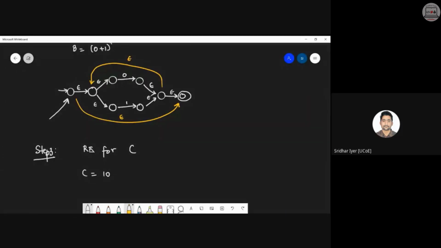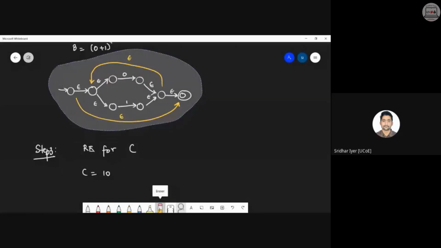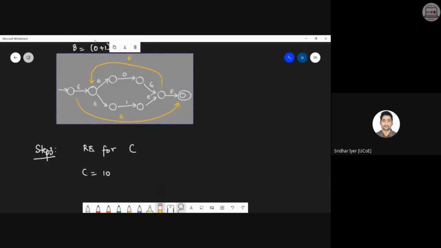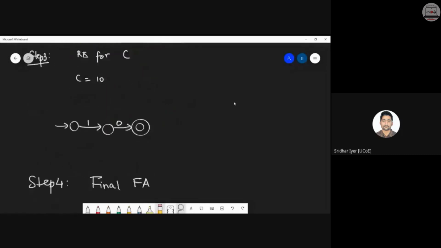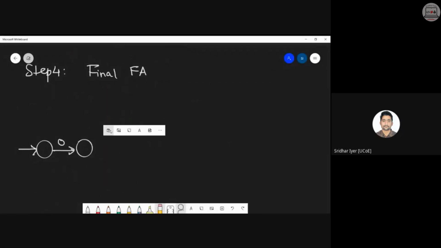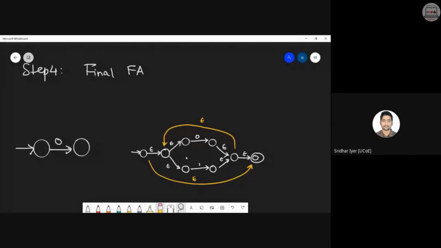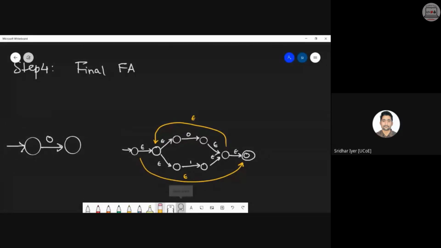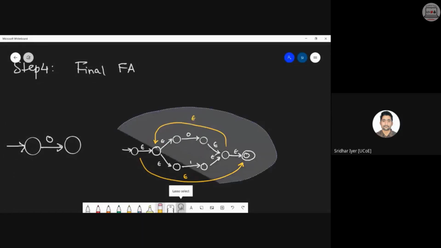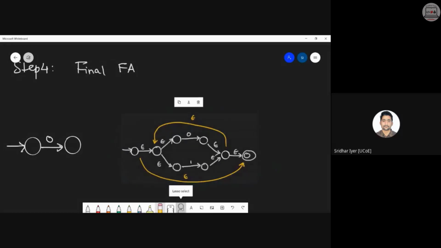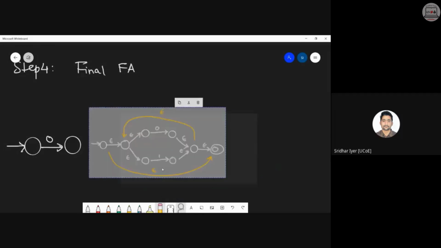So what I can do is, for saving time, I'm simply copying this diagram and I will paste it over here. Otherwise, the same thing I would have to repeat. So I'm not repeating that.